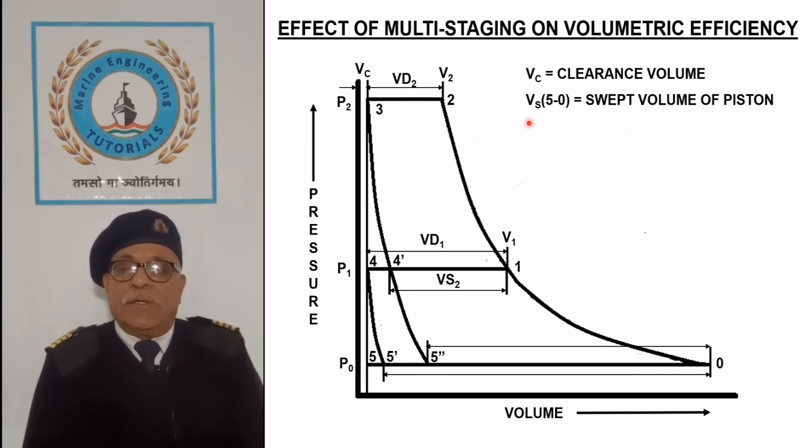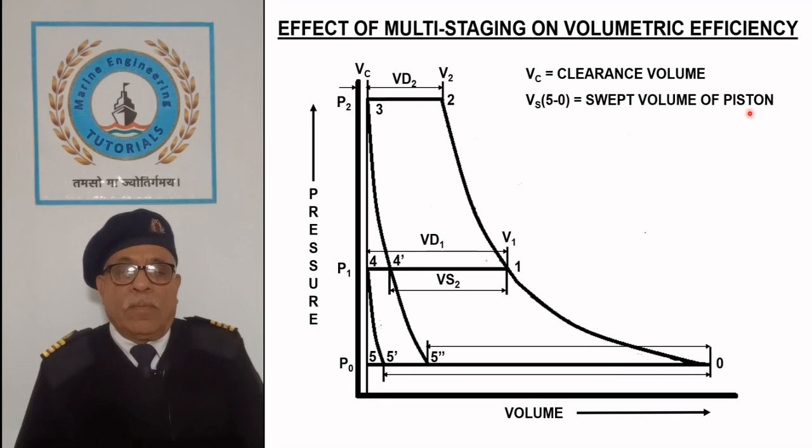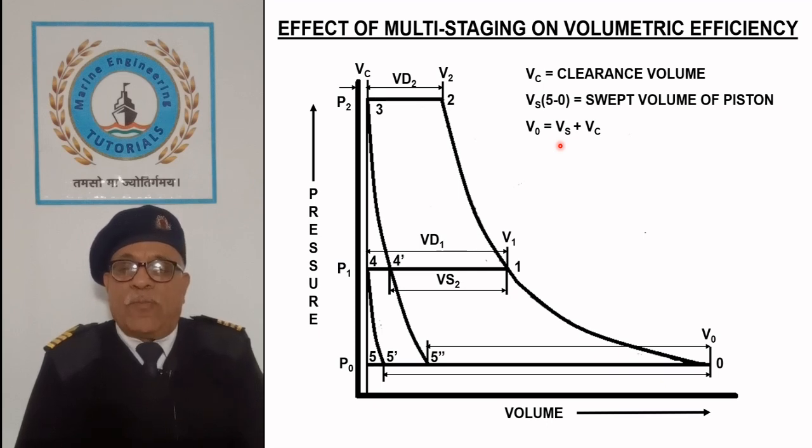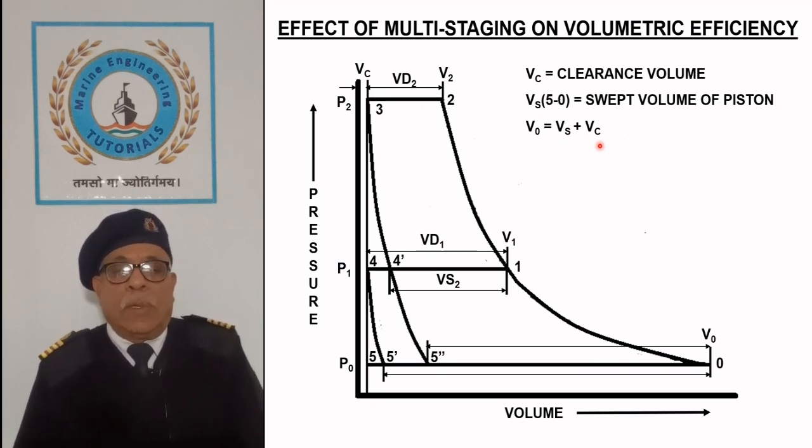Vs represented by process 5-0 is the swept volume of pistons. V0 is the volume of cylinder equal to sum of swept volume of piston Vs plus clearance volume Vc.